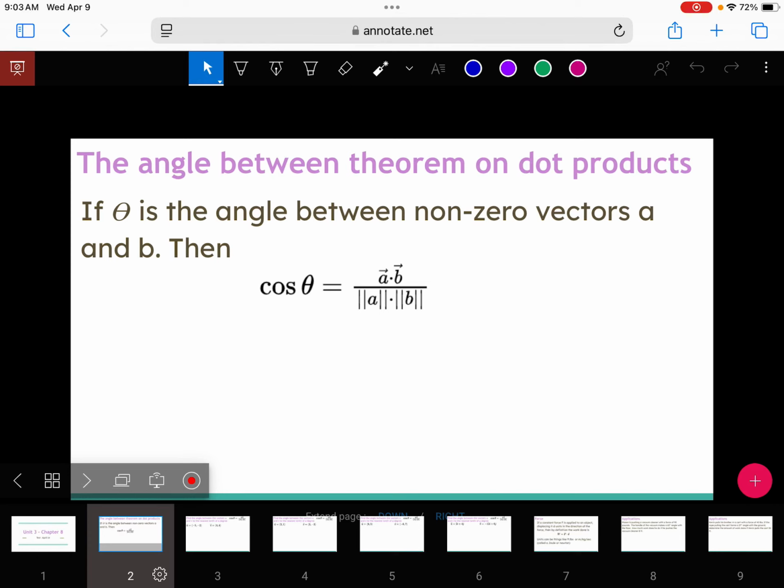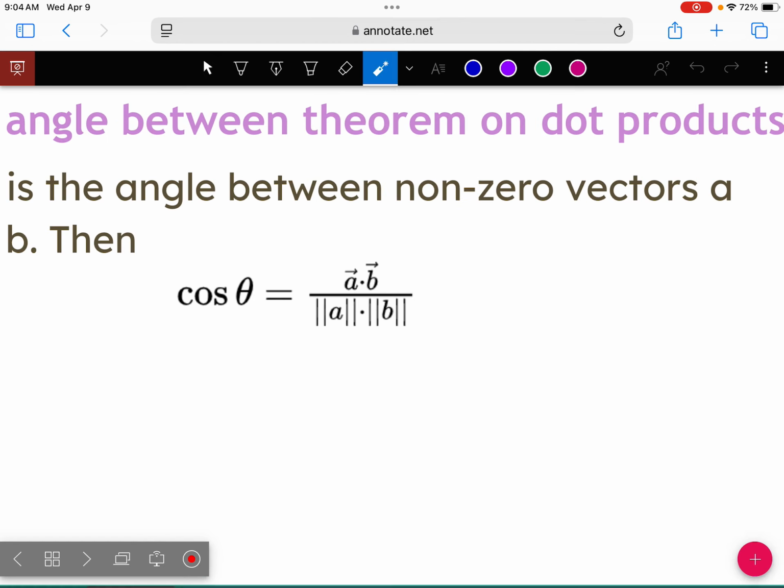All right, so this is going to be the main thing we honestly use dot products for, is finding the angle between vectors. This is looking at the angle between two vectors. So what we do is we can find the cosine of that angle if we have the dot product of the two vectors on the top, which is what we did yesterday, and we multiply both magnitudes on the bottom.